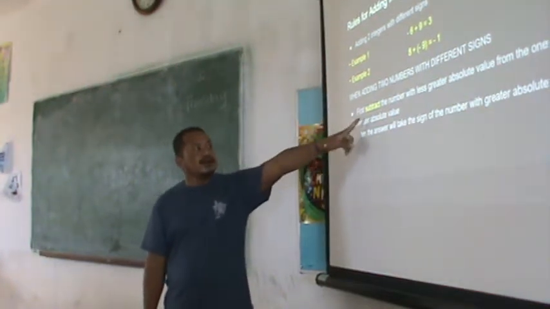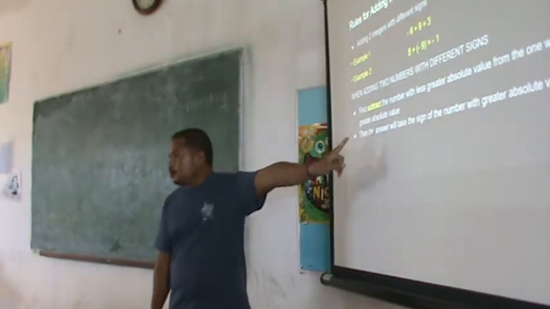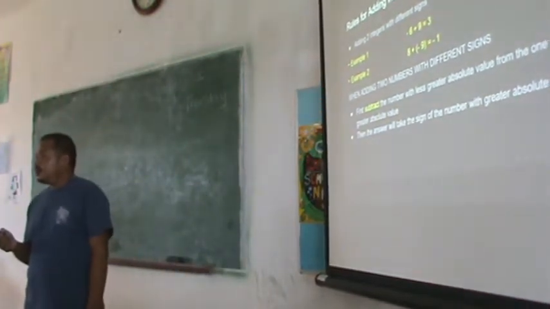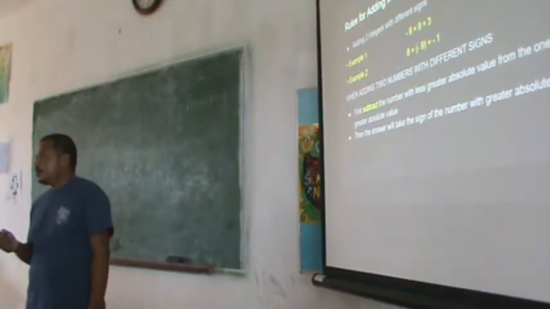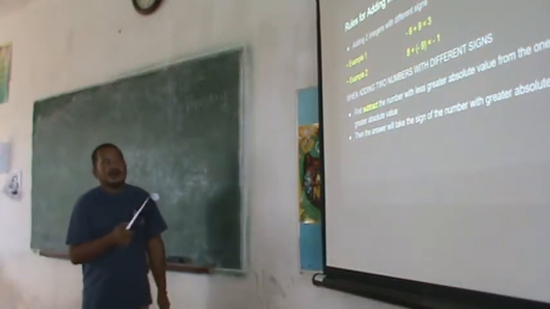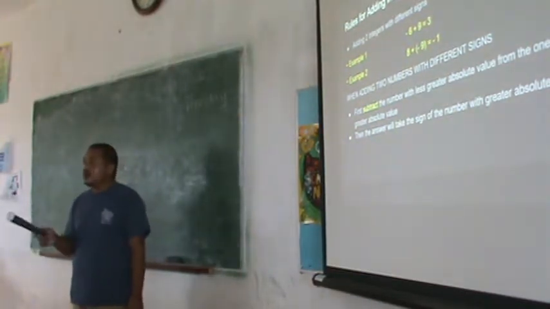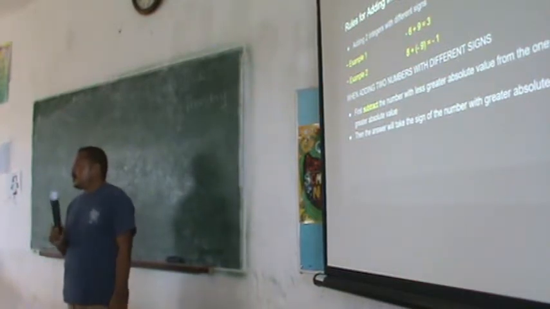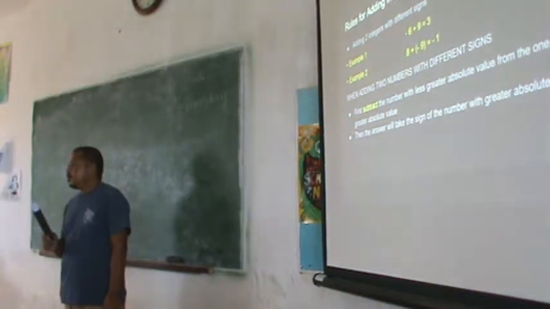But look here. First it says subtract. And what is absolute value? The number that is the distance from 0 on the number line. Very good. The distance from 0 on a number line. Is absolute value positive or negative?